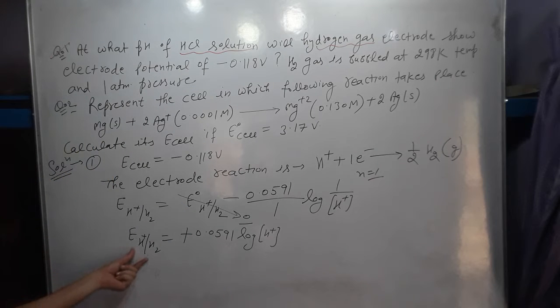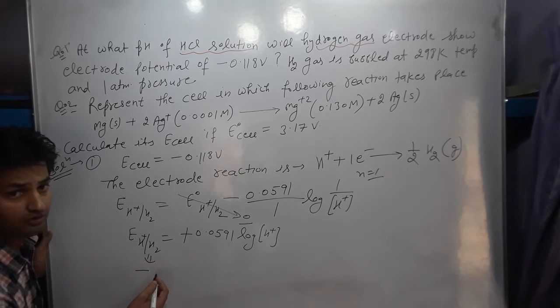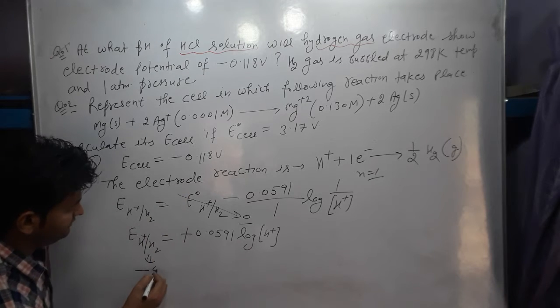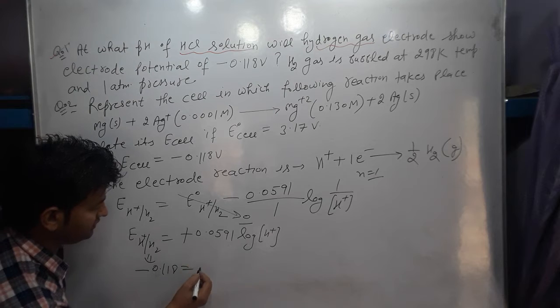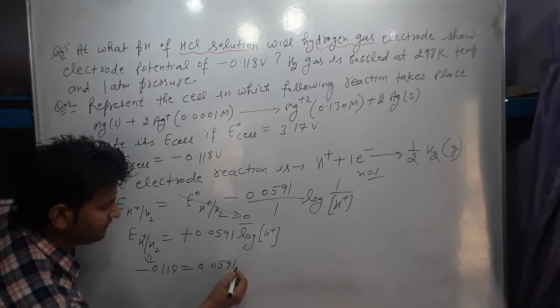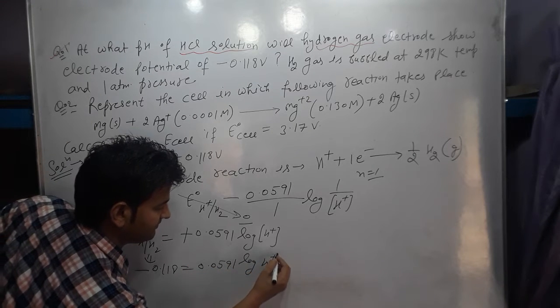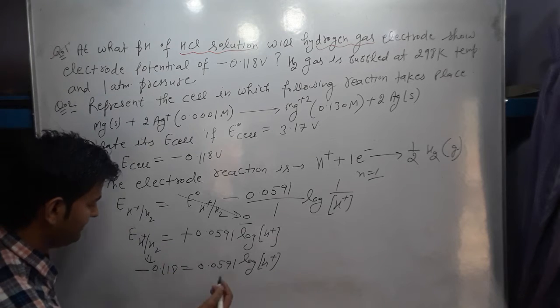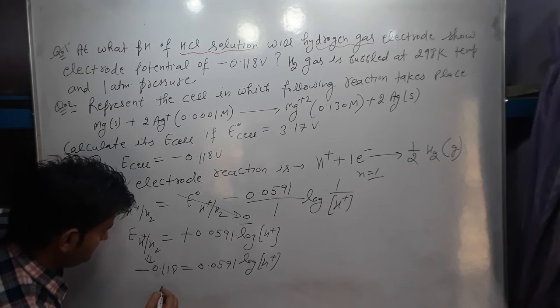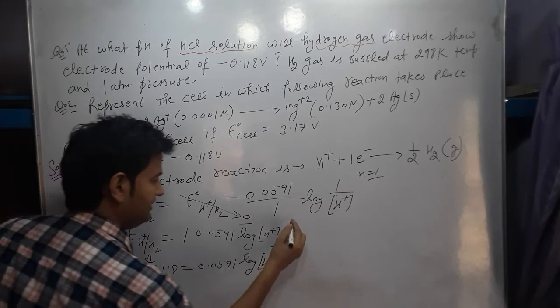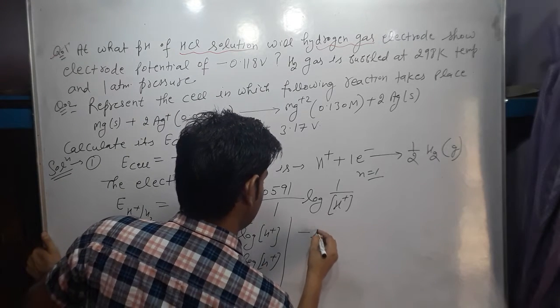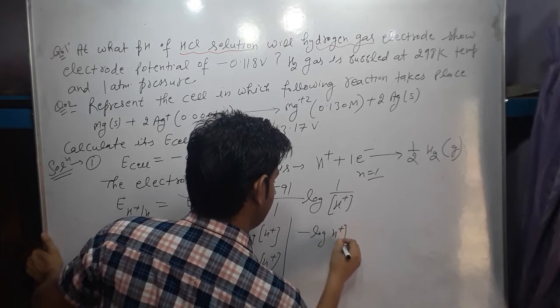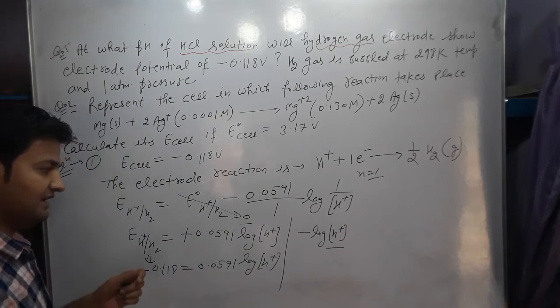And the EMF we have been given is equal to minus. So it is minus 0.118 is equal to 0.0591 log of H plus ion. This minus is here, so we can write it as minus log of H plus. Why do we write it?